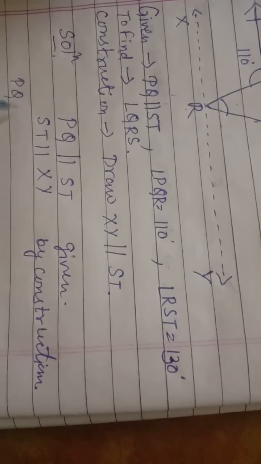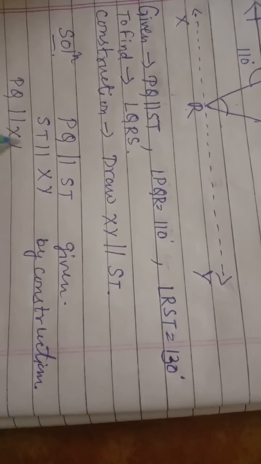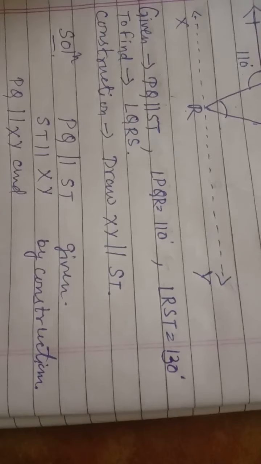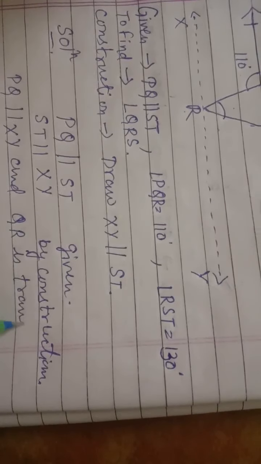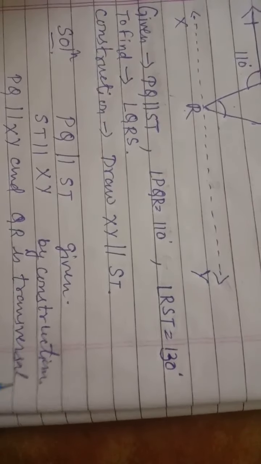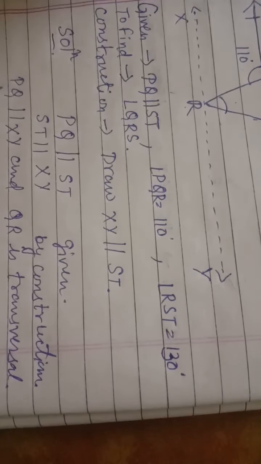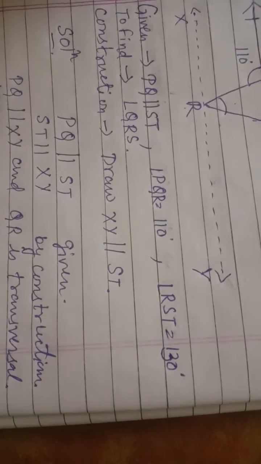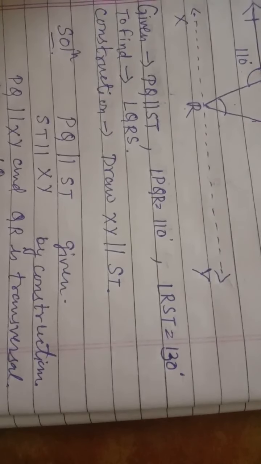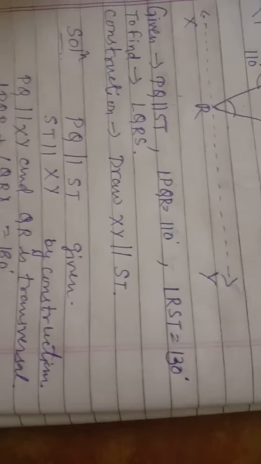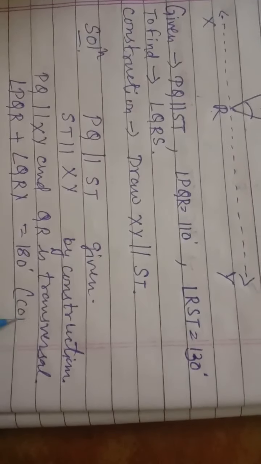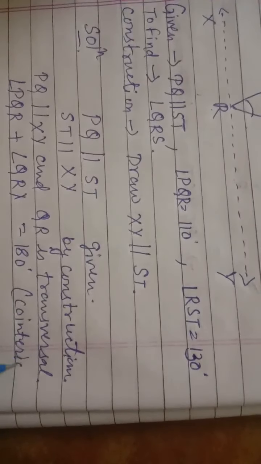PQ is parallel to XY and QR is transversal. So angle PQR plus angle QRX is equal to 180 degrees, co-interior angles.